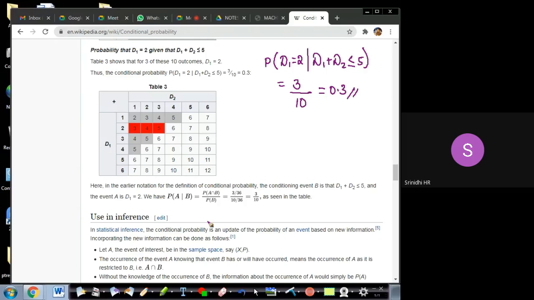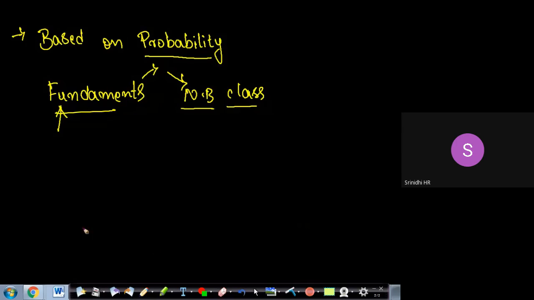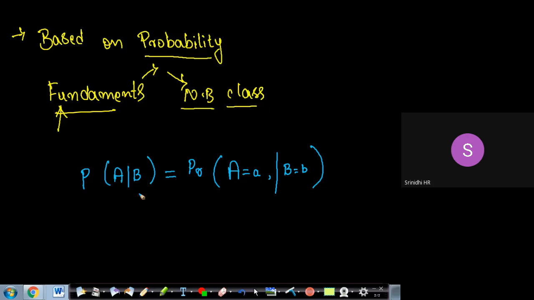So I can just generalize this notation. Please write this down: probability of A given B is equal to probability of A is equal to small a, given B is equal to small b. Here capital A and capital B are random variables, variables which will be changing.